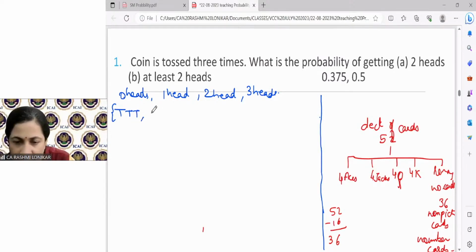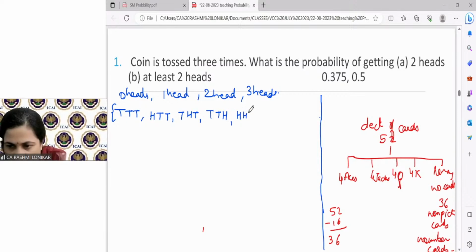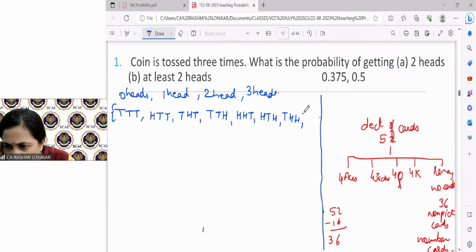Then 1 head: H, T, T, T, H, T, T, T, H. 2 heads: H, H, T, H, T, H, T, H, H. Okay. Then all 3 heads, H, H, H. How many are there? 1, 2, 3, 4, 5, 6, 7, 8. So n is equal to 8.